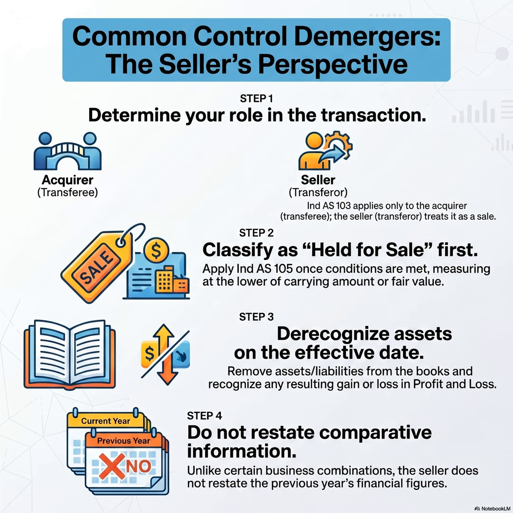Because we use 105, we classify the division as held for sale in October. Correct. Because it's held for sale, we immediately freeze depreciation and test for impairment against market value. And because it's a sale and not a pooling of interests, we execute a hard derecognition in January. And we absolutely, under no circumstances, rewrite the historical comparatives.